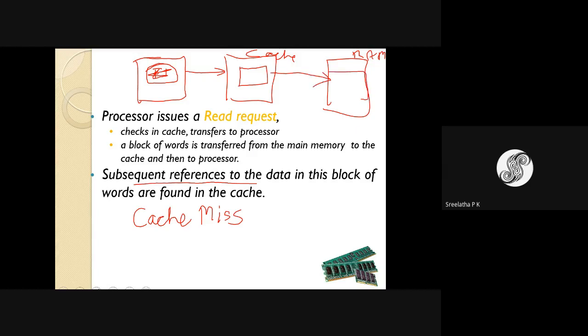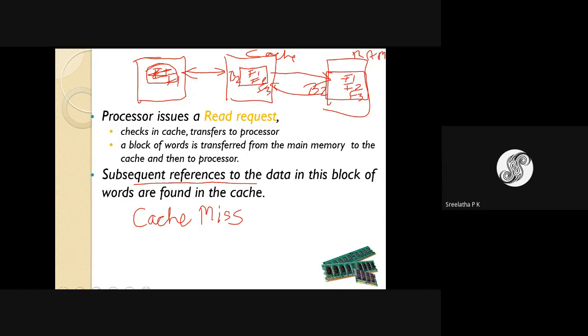The block of data B2, in which the F1 instruction is there, is copied to the cache memory. Now the F1 instruction is sent to the processor and the processor executes. Along with that, all the next instructions, F2, F3, everything is copied to the cache memory.